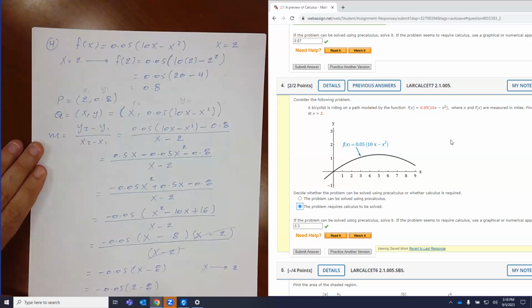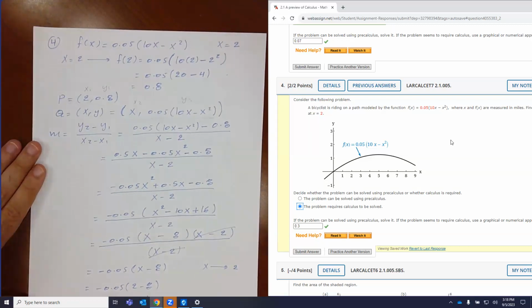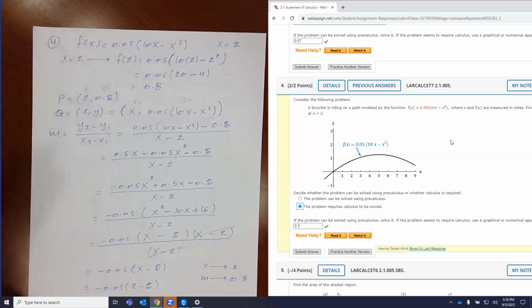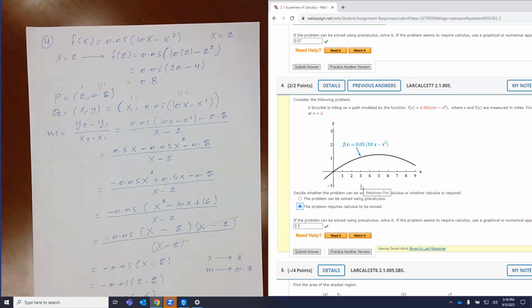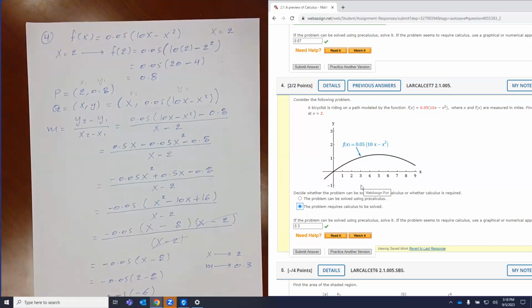And then negative times negative is positive, 0.30, which is 0.3. So as x approaches 2, our slope approaches 0.3. That's it for this example.